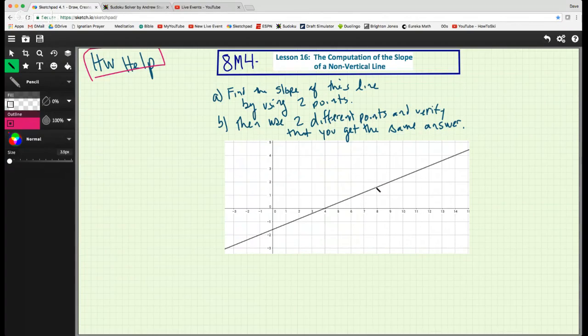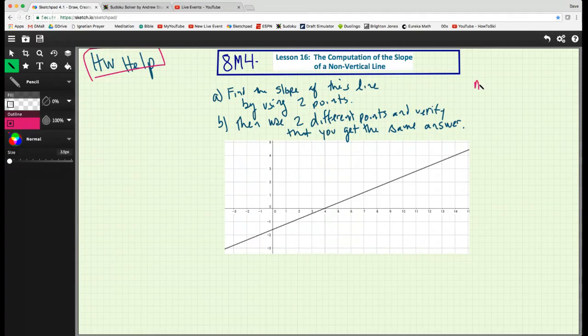So don't choose this one, because although you have an integer 8, you're going to end up with some kind of weird fraction that you don't even know for y. So don't use that. Find a point like this one. It's on an axis. Okay. And then I want you to use 2 different points, and then you find the slope of this line and verify that you get the same answer as you did in A.